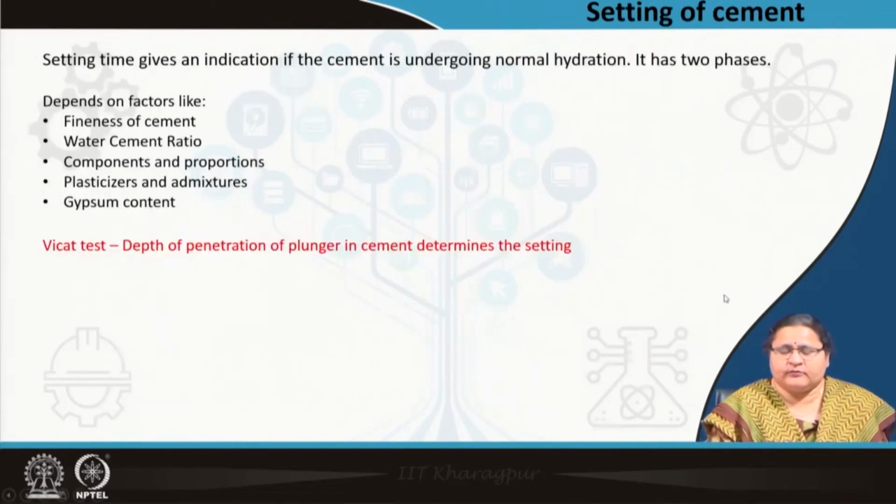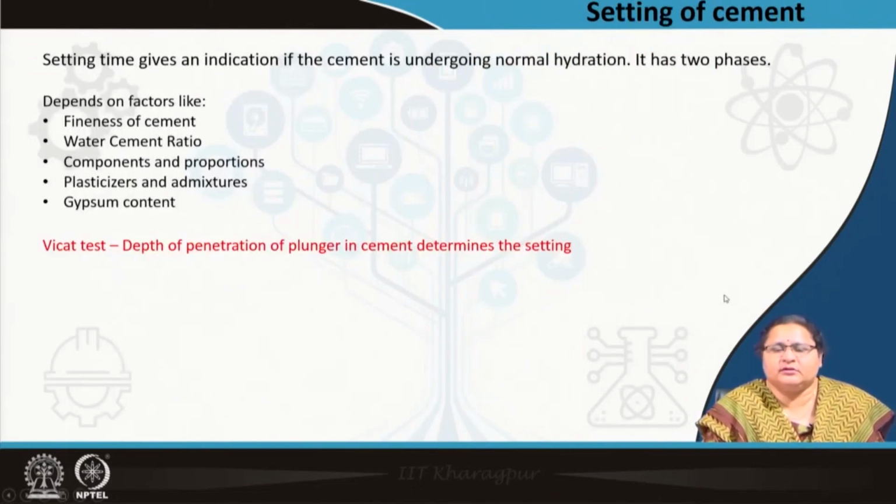capillary pores. Now, coming to how to know the setting time. As we had talked, the setting of cement is how it hardens, and we have talked that C3S is important for the initial setting.